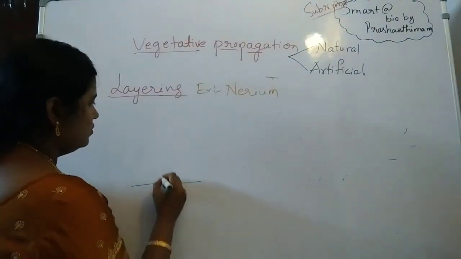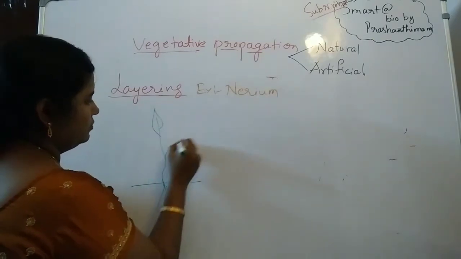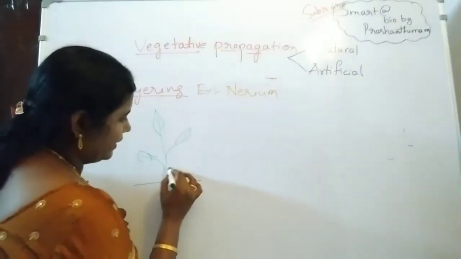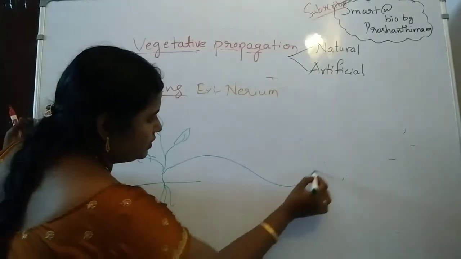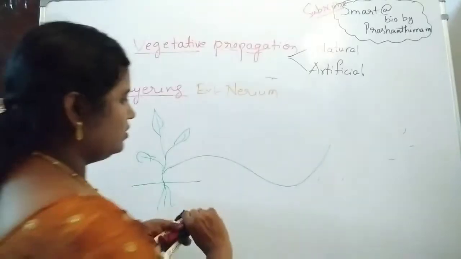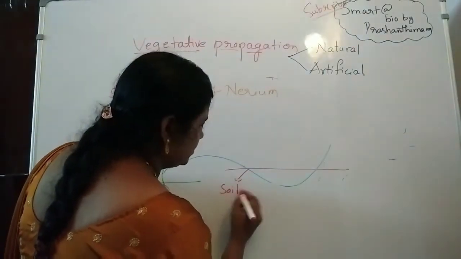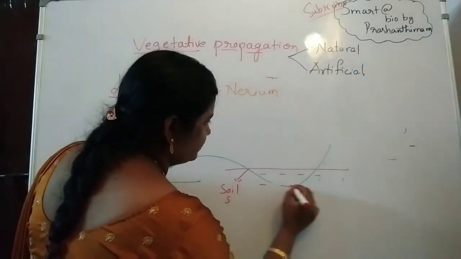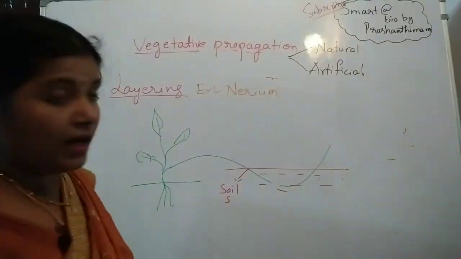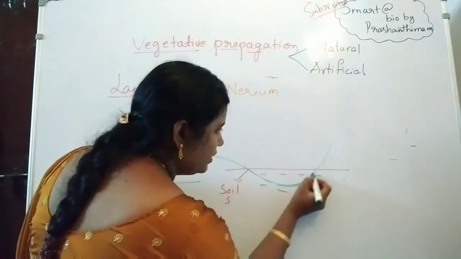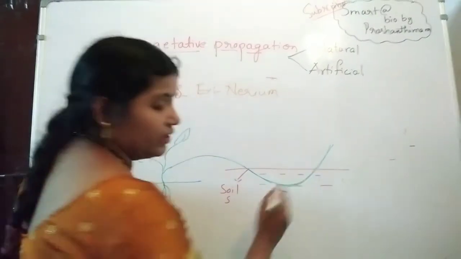One branch of the plant we are going to take into the soil. So this is the soil surface. This part we are going to keep inside the soil, and we are covering it with the soil.